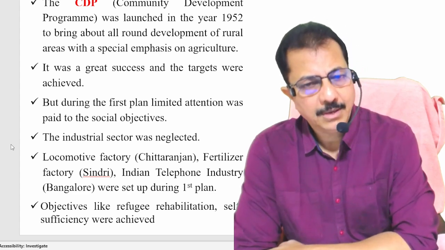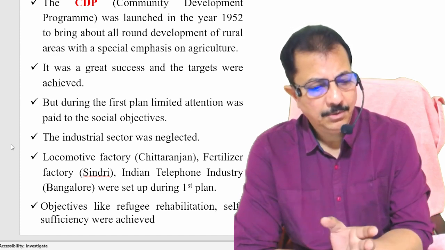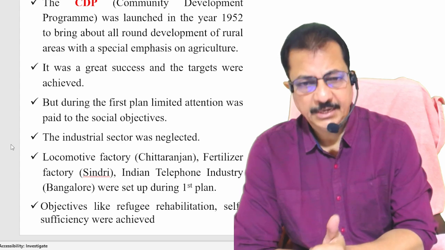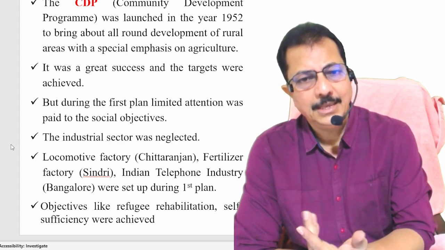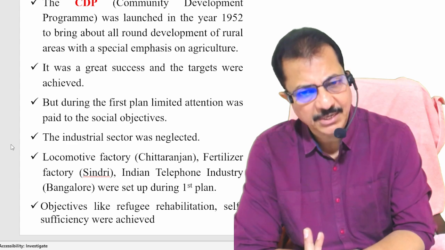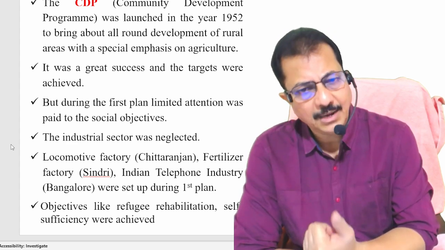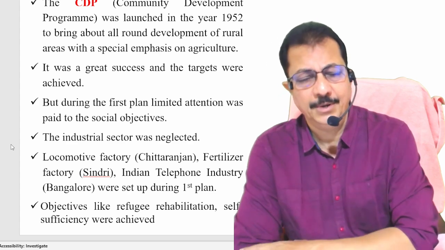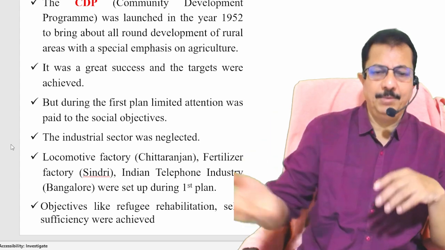What do you mean by community development program? During our Indian polity classes, I have already discussed what the community development program is and how it gave rise to the so-called Panchayati Raj later. I also discussed the Balwantrai Mehta Committee, Ashok Mehta Committee, L.M. Singhvi Committee, G.V.K. Rao Committee. Then we came across the 73rd Constitution Amendment.